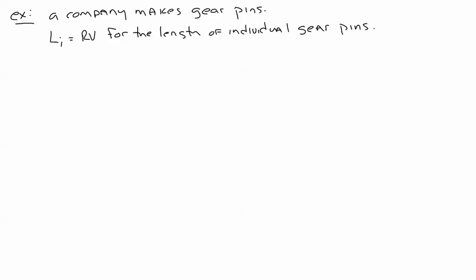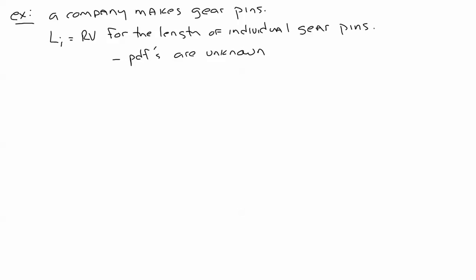All right. This is a special case. We're going to assume that the PDFs are unknown. We're going to assume that the PDFs describing the length of individual gear pins are unknown.